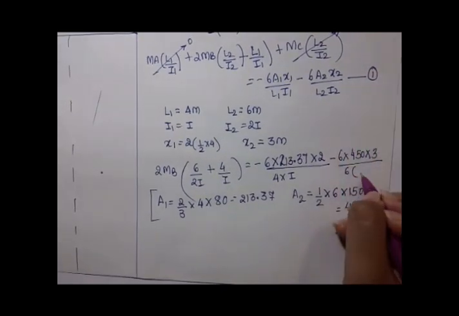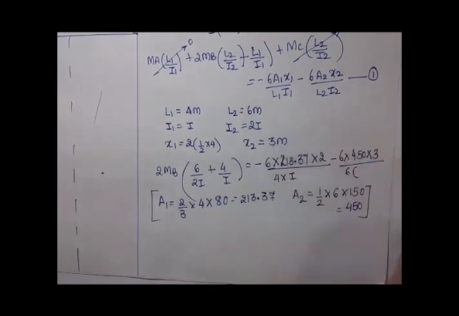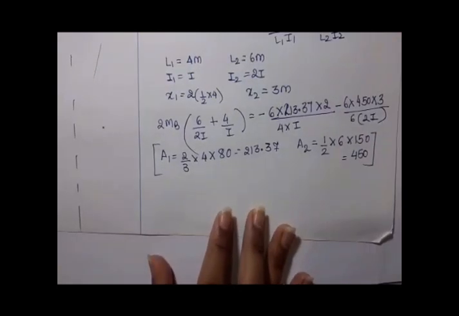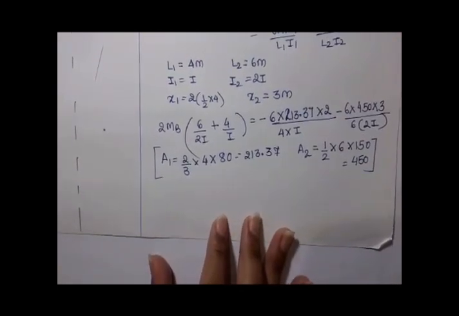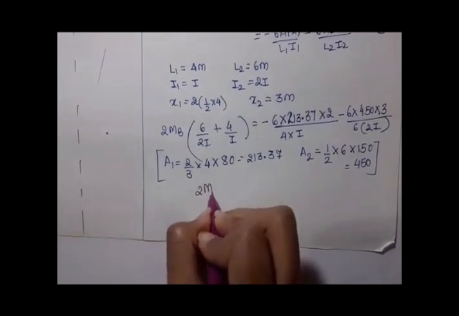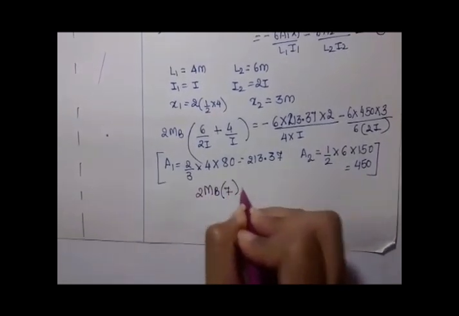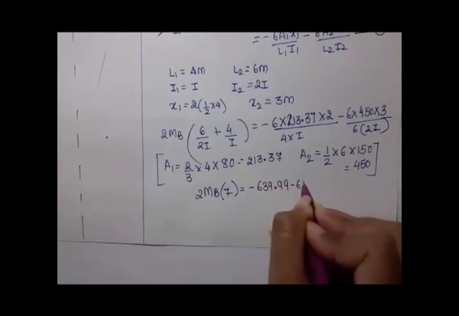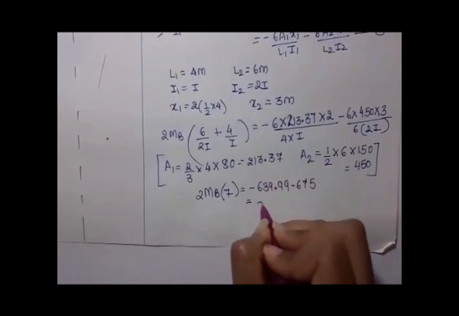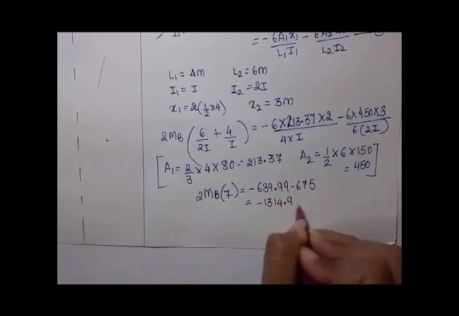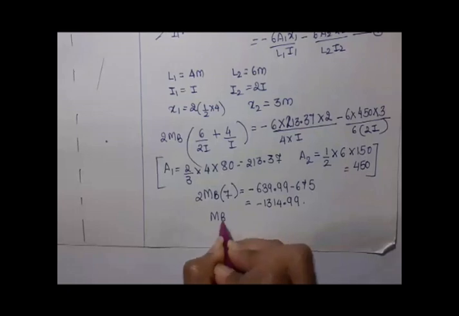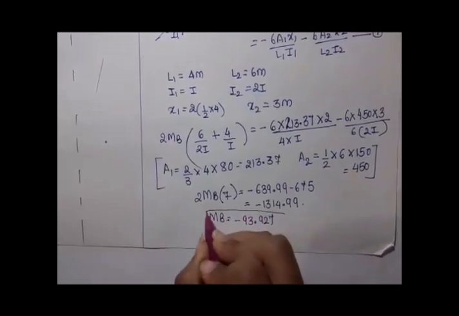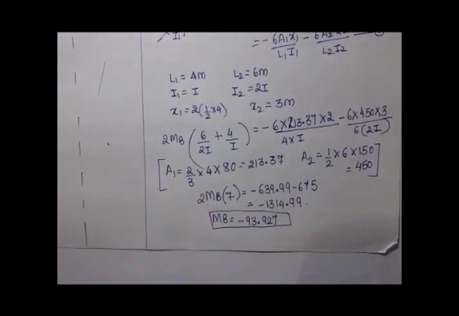I2 we always put by mistake as I, but here it's present as 2I, so note it as 2I. So the equation would here be this. After solving this, we would be getting 2 MB into 7 equals minus 639.99 minus 675, that is minus 1314.99 here. So the MB value is minus 93.927. You can always check or verify it by the calculator.